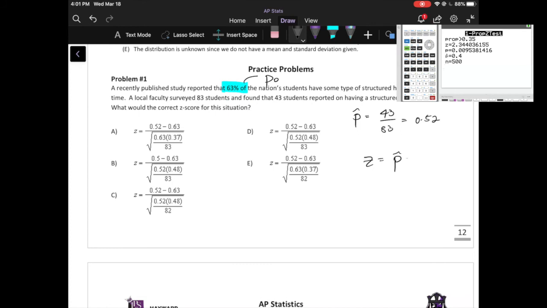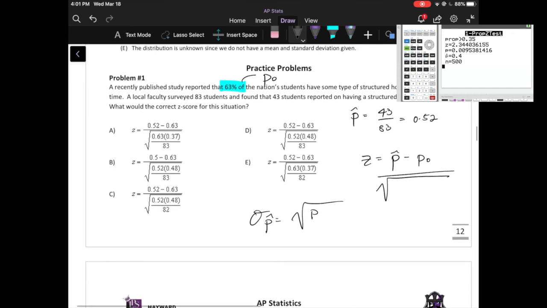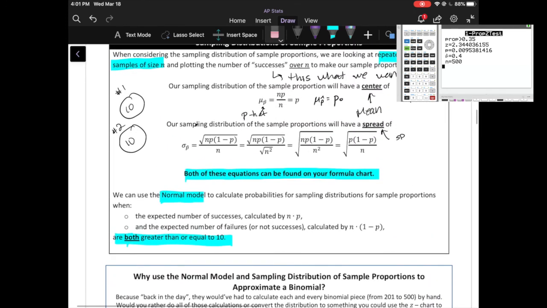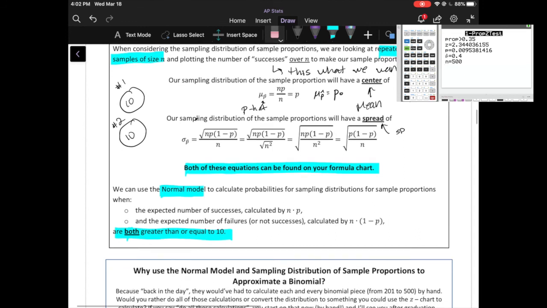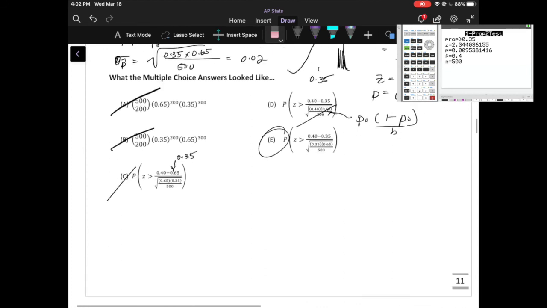So I know that z is equal to p hat minus p naught all over the standard deviation, which is equal to the square root of p hat times 1 minus p hat. Sorry, no. It's p naught. Let's go back and look at our notes since I'm not sure. Yes, it's going to be p naught.